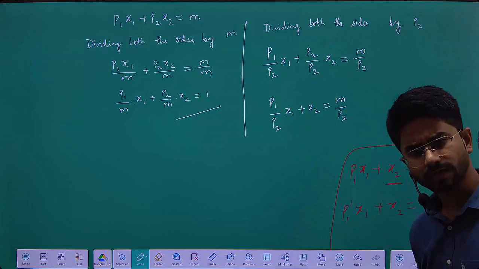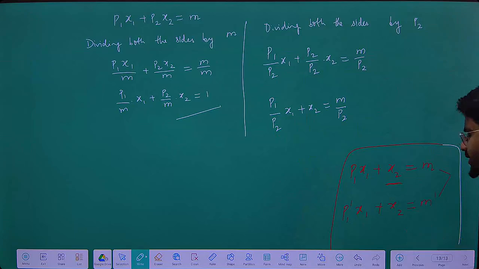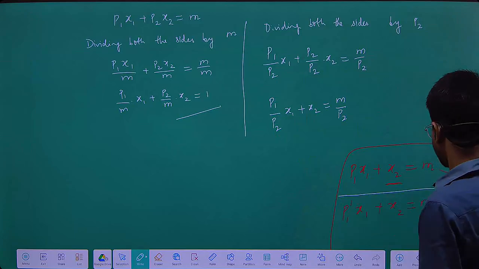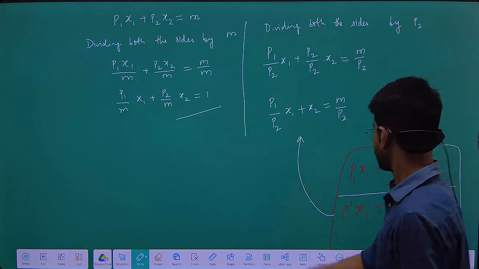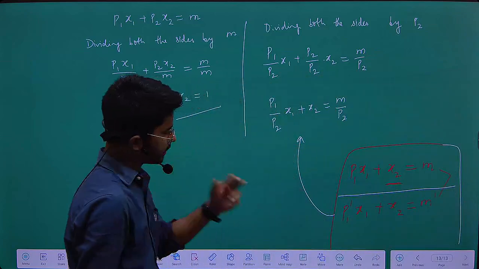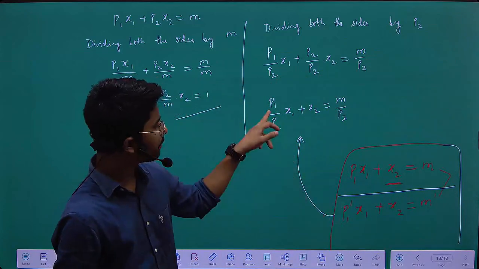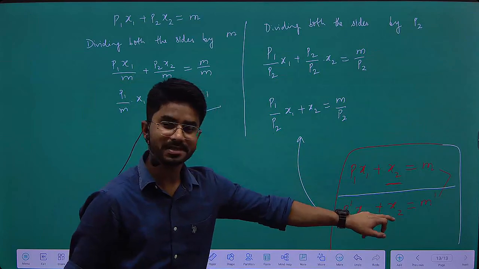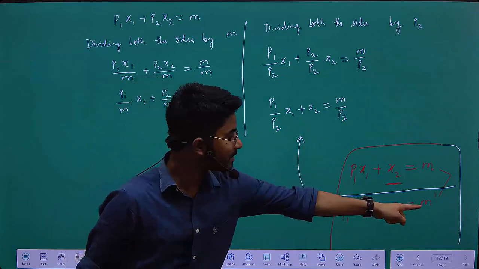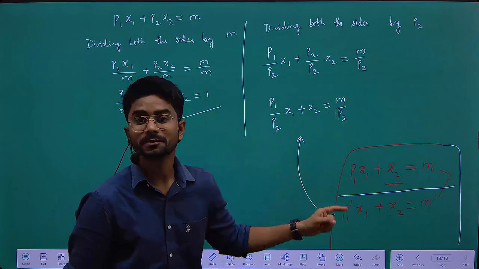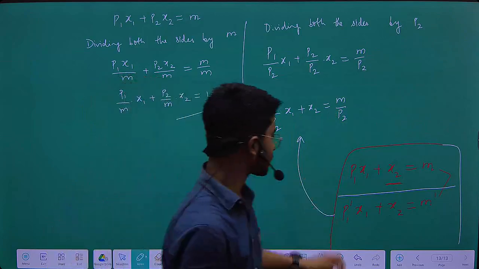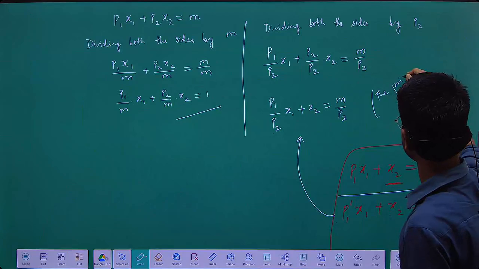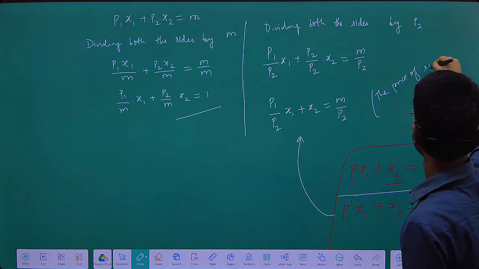These two are representational notations, so it works. Comparing these two, for p1 dash you have p1 upon p2, the price is equal to 1, and your m dash is equal to m upon p2.